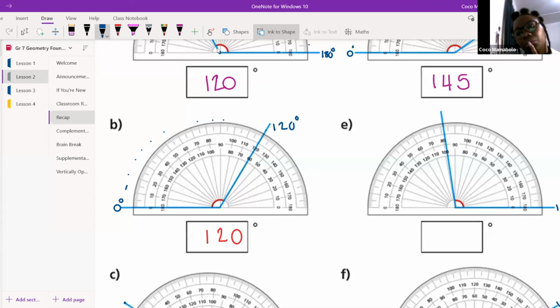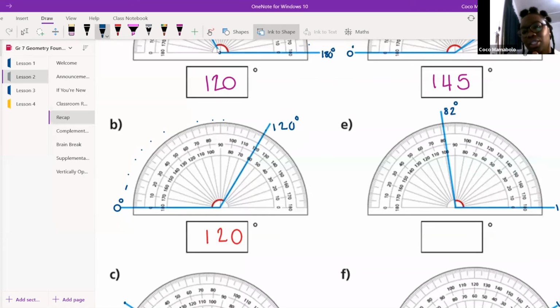Just wait, ma'am, on my protractor. I think it's something like 82 degrees. But on my protractor, it switched around.